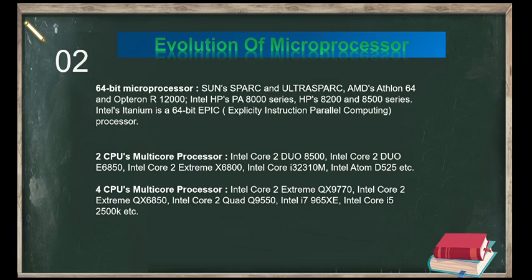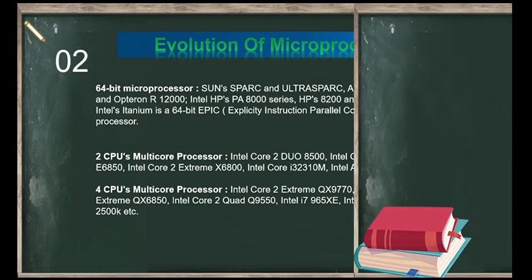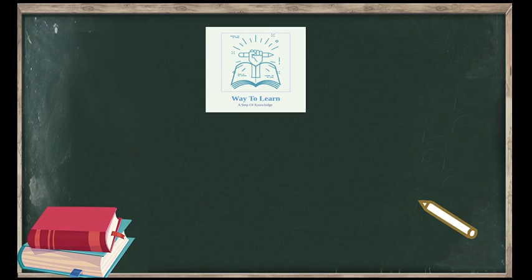Examples of multi-core processors having 4 CPUs on a single chip are Intel Core 2 Extreme QX9770, Intel Core 2 Extreme QX8650, Intel i7-965XE, and so on. I hope I have been able to clarify the basic idea of the microprocessor.